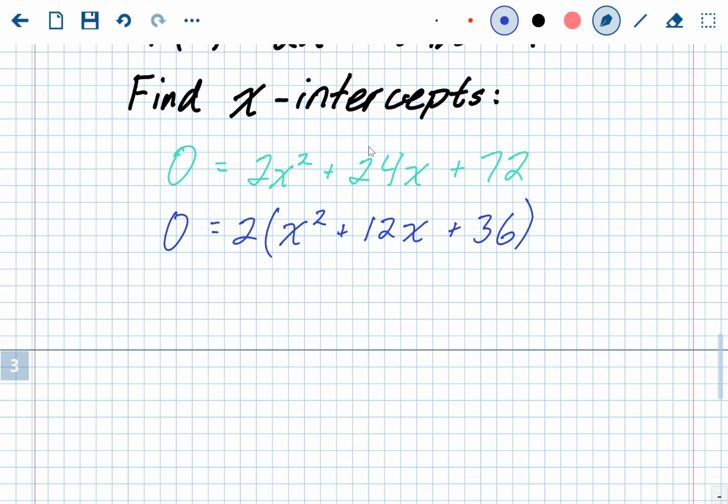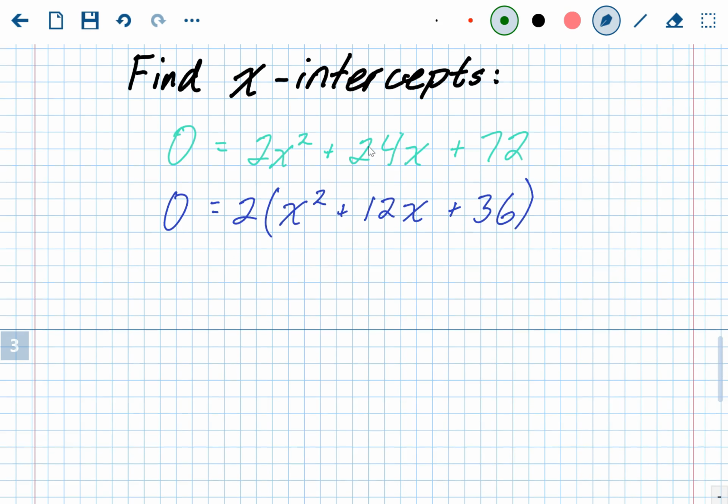Now that becomes an easier one to factor. There's two ways you could think of this. Most people see a 1 in front of x squared and think, all right, what multiplies to 36 and adds to 12. That's fine. The other thing to notice is this is a perfect square trinomial. If you can recognize the pattern, it makes it a little easier.